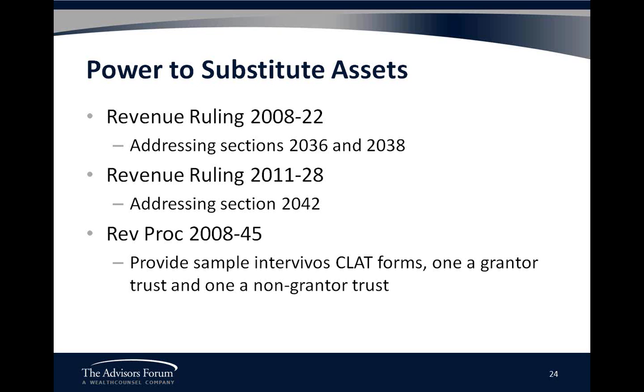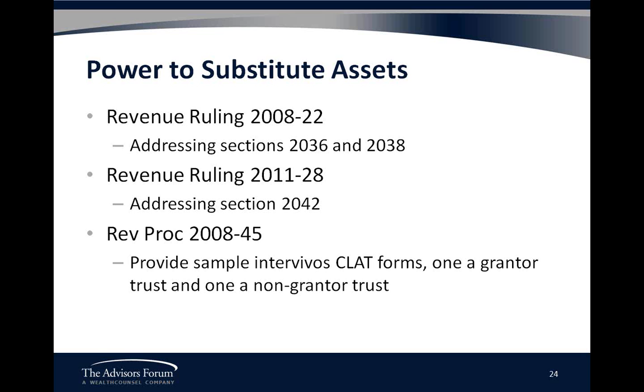So what we have here are pretty much the big rev rulings: 2008-22, 2011-28. I threw up Rev. Proc. 2008-45 because that had sample grantor trust forms in the charitable trust scenario. I didn't put this in there because everybody in the planning world seems to be familiar with it, and that's Revenue Ruling 85-13.